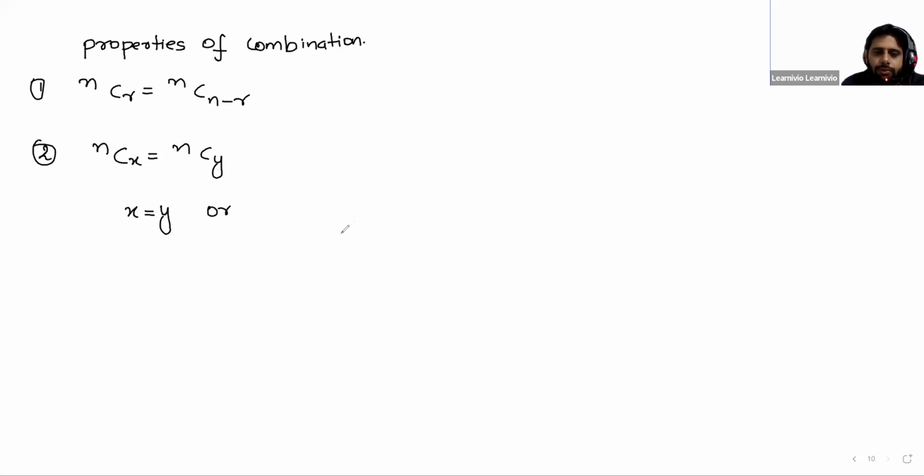If we check the previous example, we have 6c5 and 6c1, and these two values are equal. Here, this is not equal to this one, but still the value is the same. So we have either the first option, x is equal to y. If these two are not equal, as in these two cases, then if you add 5 plus 1, you will get 6.